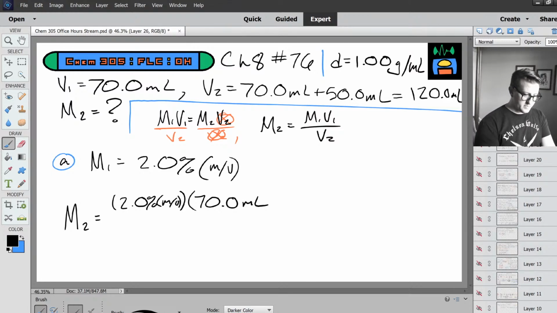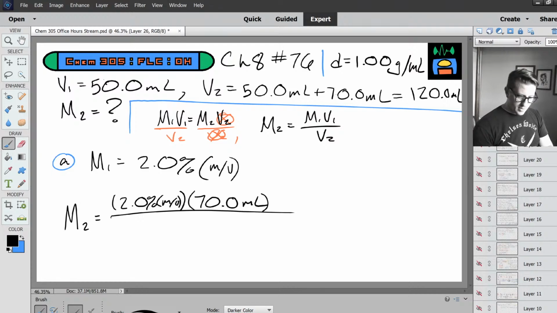V1 is 50. It doesn't change what our final volume is, but it will affect our answer. Okay, 75 is cool too, but the numbers will all be different. They're exactly the same type of problem.